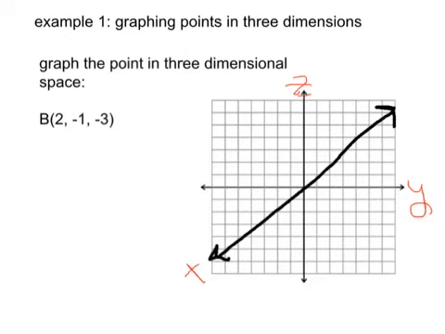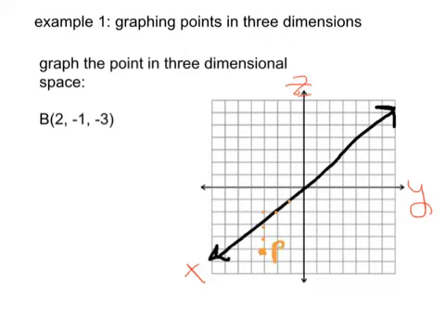Let's try another one. X, y, z is 2, negative 1, negative 3. We start out at the origin, and we go 2 in the positive x direction, 1 in the negative y direction, and 3 in the negative z direction, 1, 2, 3.